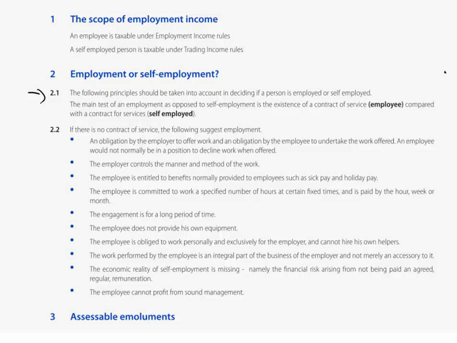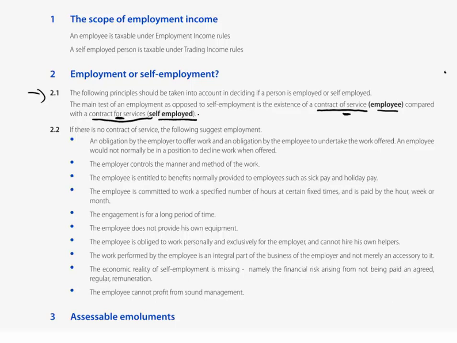That is whether or not the work that someone does is under a contract of service, and a contract of service would make the taxpayer an employee, compared with whether the work being done was a contract for the services performed, which of course is dealing with the self-employed.